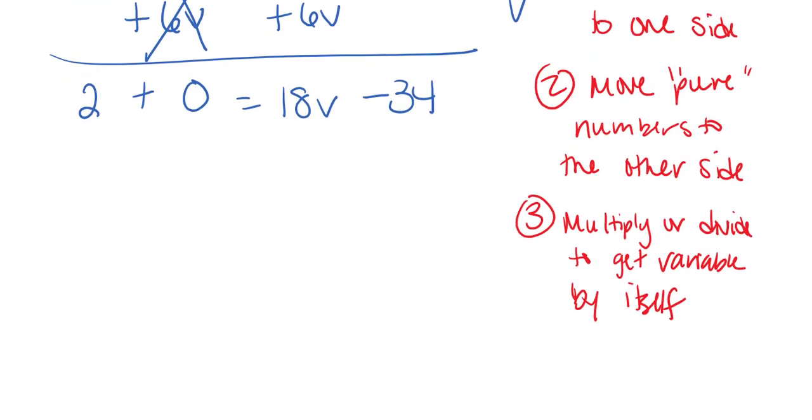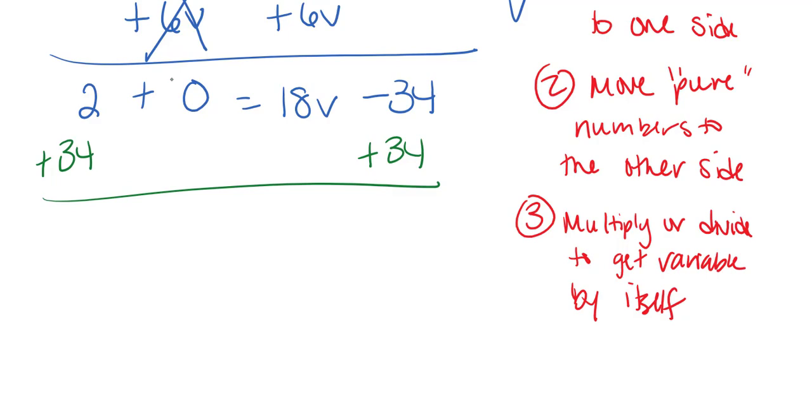So now we can add 34 to both sides. We're going to add it to the 2, because really 2 plus 0 is just 2. We don't need to add to the 0. So on the right-hand side, we have just 18v plus 0. On the left-hand side, we have 2 plus 34. So that's 36.